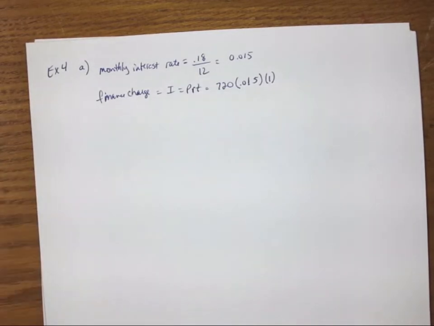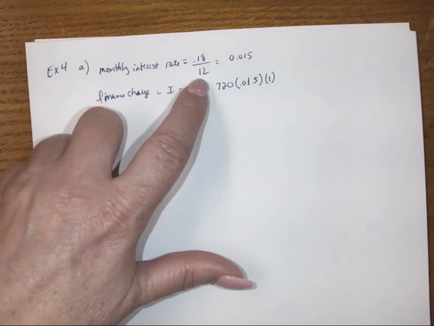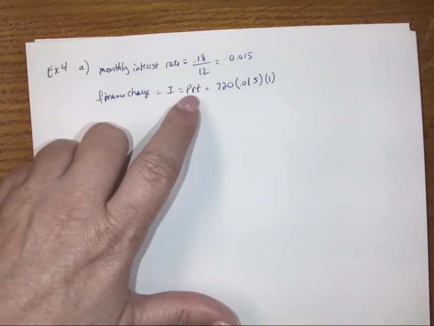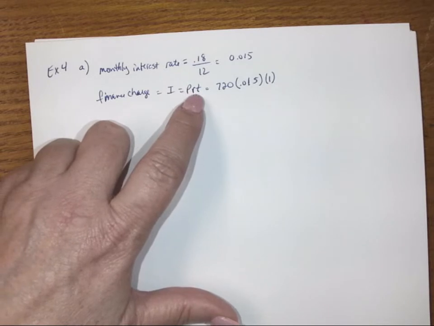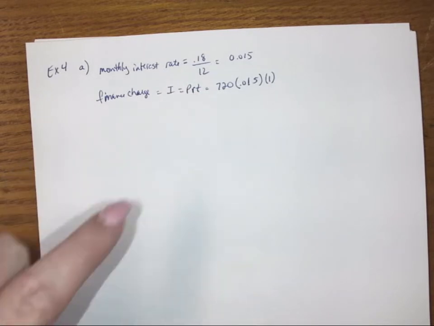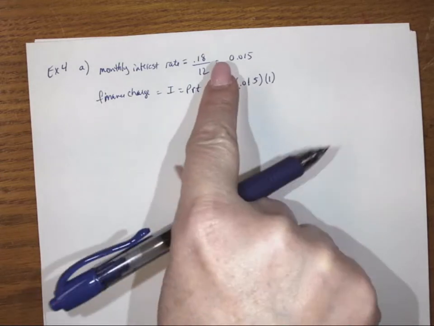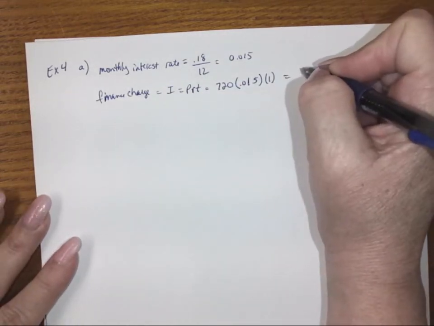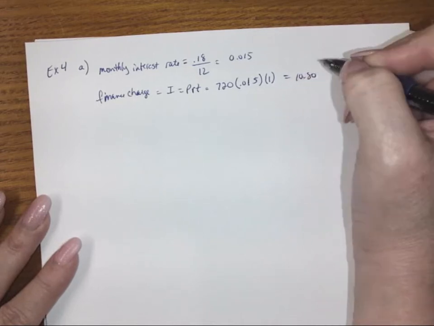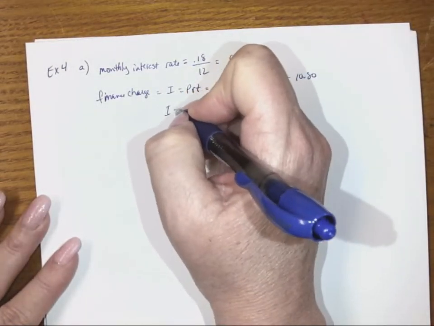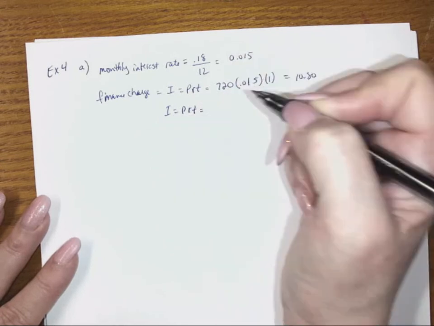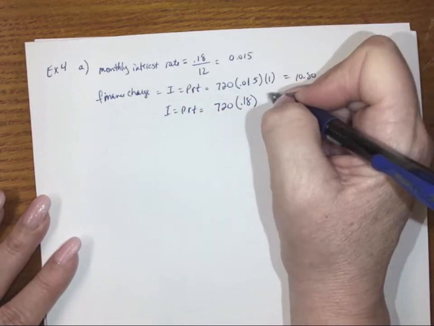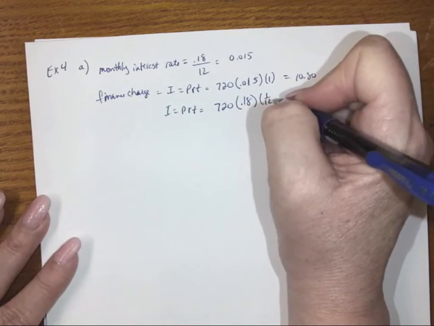So you can do this one of two ways. You can find the monthly interest rate this way, or you can plug in I equals P times R times T, with T being 1 because we've already divided by the 12 in the R. You don't want to divide by both. Or we can use I equals PRT with the original numbers and take 720 times our 0.18 times our 1 over 12.